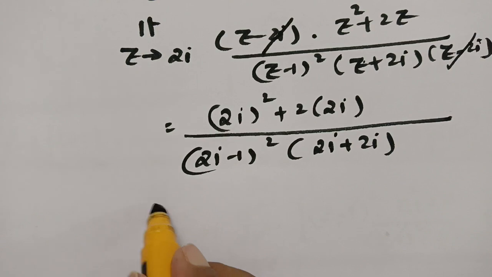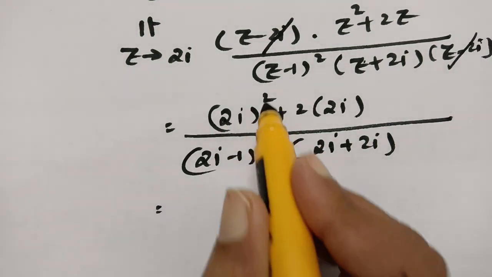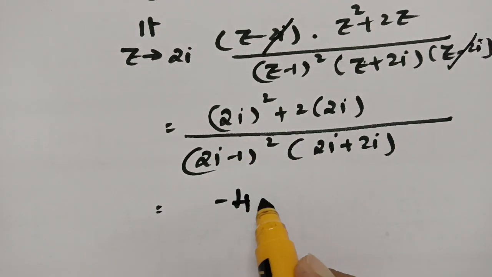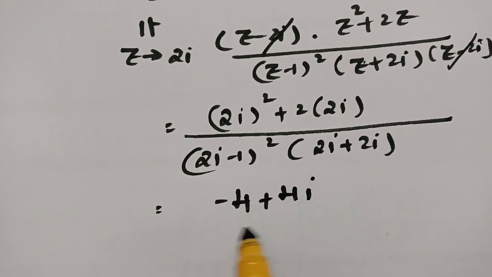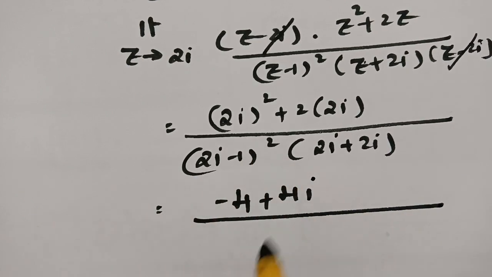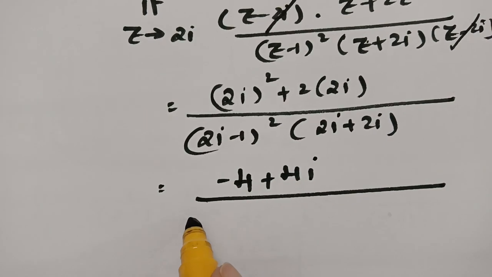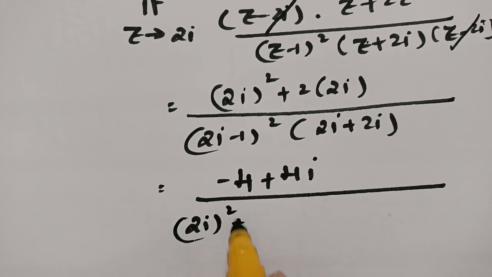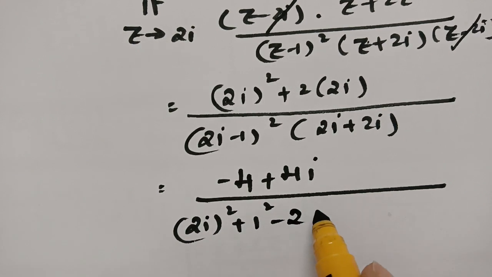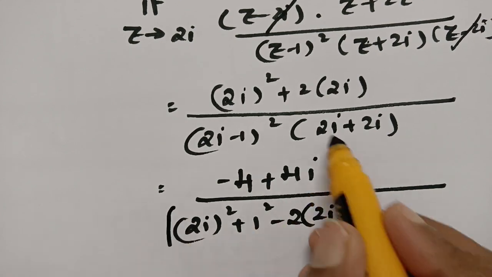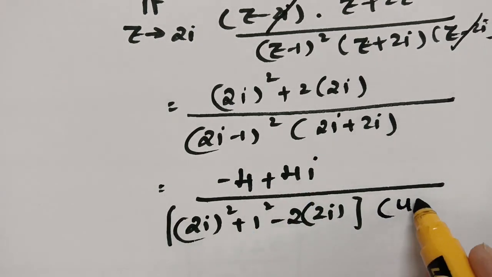Clear? So this value is 2 square 4, i square is minus, this is minus 4 plus 4i. By a minus b whole square is a square plus b square minus 2ab, and 2i plus 2i is nothing but 4i.